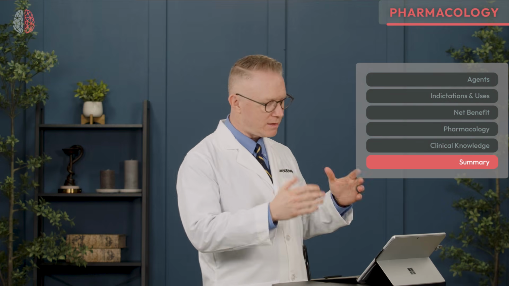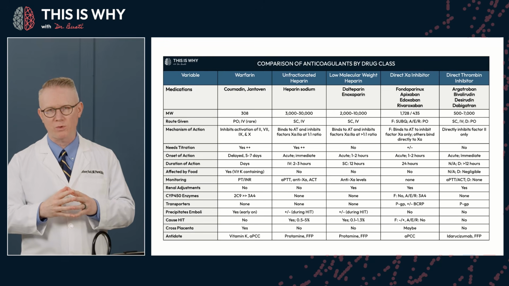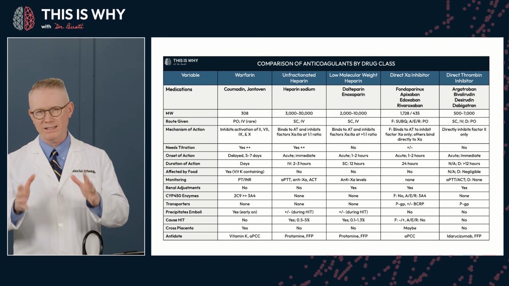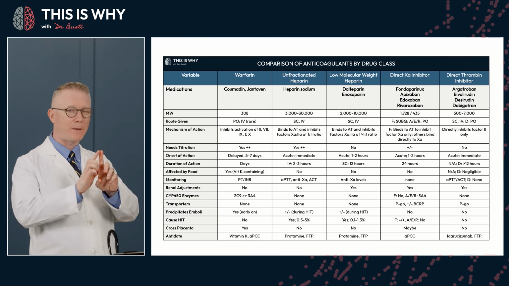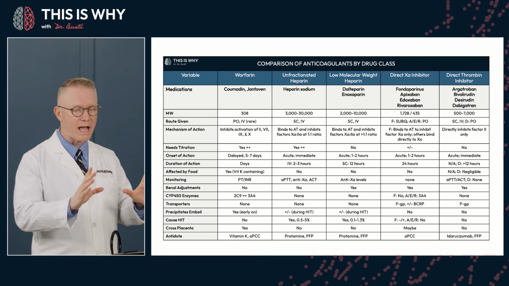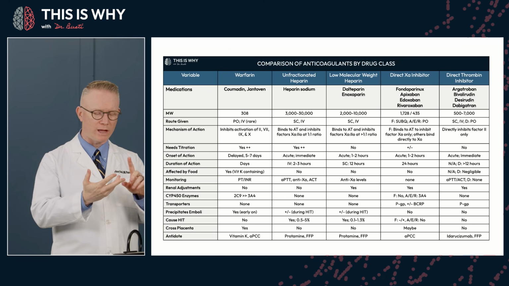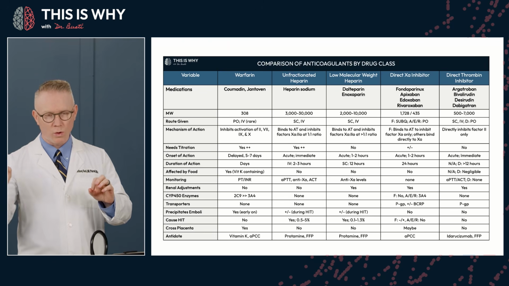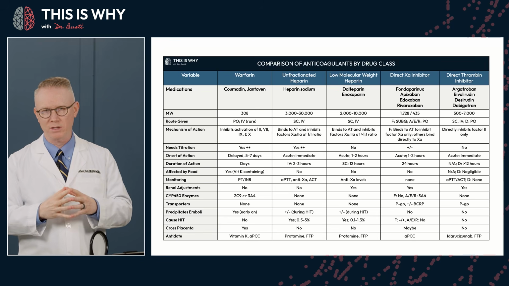Okay guys, let's now move into the summary and wrap this up. Again, this table that's available for you at thisiswhy.health is designed to help you summarize the key points and compare from one class to another. In this class, our direct thrombin inhibitors, we have Argatroban and Bivalirudin, and we have Dabigatran, our oral agent that makes up one of our DOAC options.